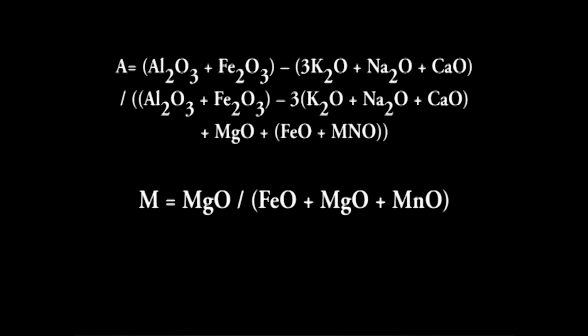A and M, which serve as coordinates, are calculated as follows: A equal to (Al2O3 plus Fe2O3 minus 3(K2O plus Na2O plus CaO)) divided by (Al2O3 plus Fe2O3 minus 3(K2O plus Na2O plus CaO) plus MgO plus (FeO plus MnO)).